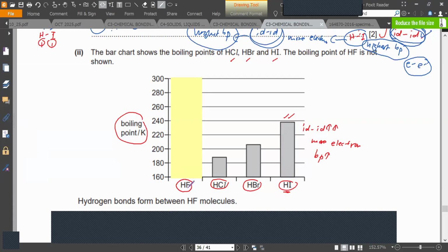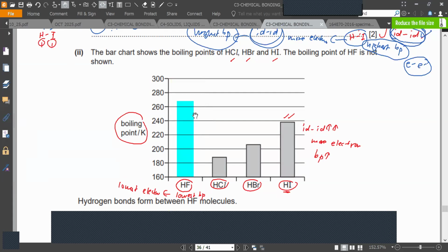If we follow this trend, HF should have the lowest boiling point because it has the lowest number of electrons. But in reality, hydrogen fluoride is highest.